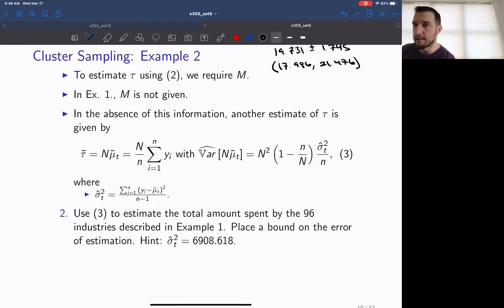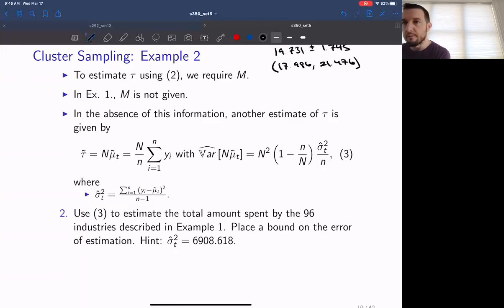We're not dividing the sum of the yi by the sum of the mi in this alternative. So when capital M is unknown, we can use tau tilde given in equation 3. And this takes capital N and multiplies by the sum of the yi over little n.